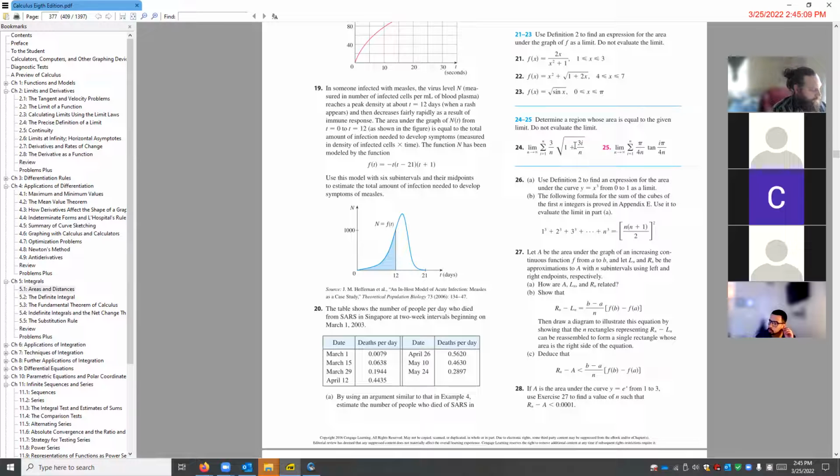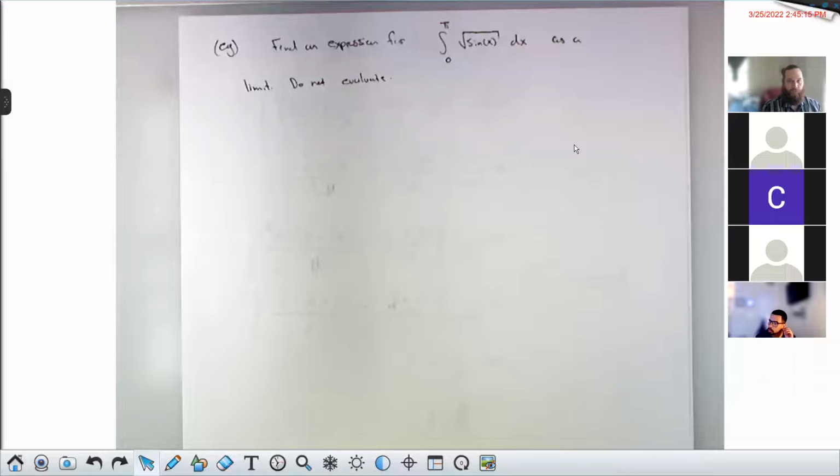Do not evaluate. So here I'm going to phrase this using our new notation. Instead of saying find the area under this function from 0 to pi, I'll just say find an expression for the definite integral from 0 to pi of square root of sine x dx. And we do not need to evaluate.